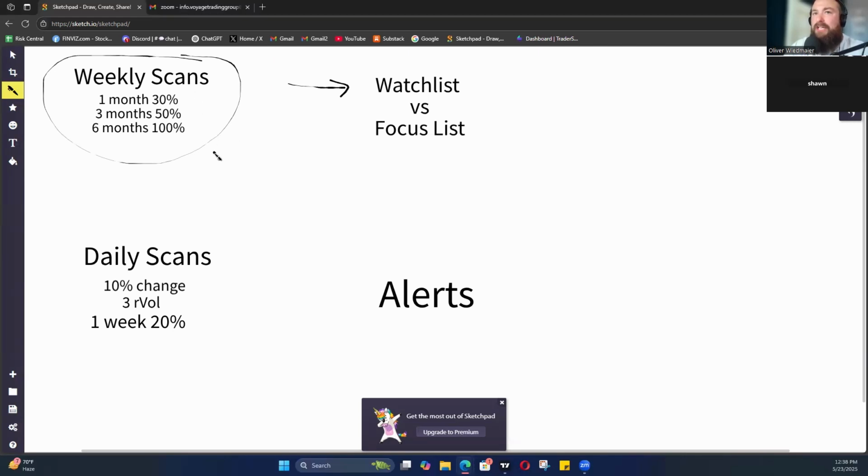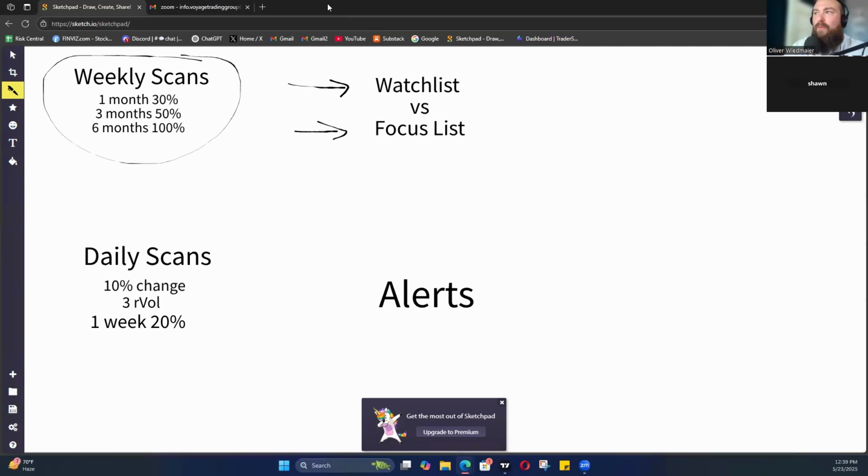I'm just going to highlight which stocks are moving from the watch list onto the focus list. That's the real important part of this system: I'm moving names from a watch list to a focus list when they deserve to be moved over.